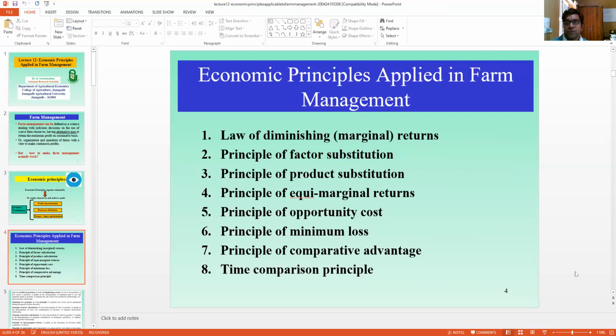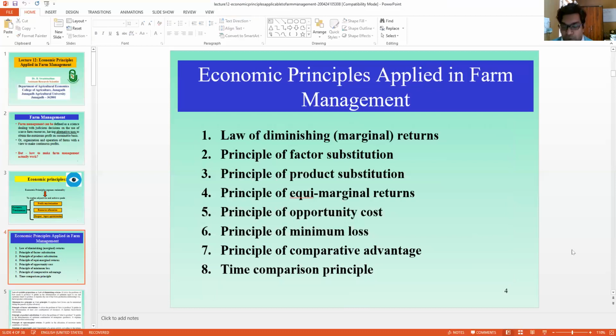Because the farmer is going to use them for a long period of time, some 10 or 12 years. So there we have to apply the time comparison principle. This is very important because the farmer should know whether by using a tractor he is going to benefit or not, whether by going for a greenhouse he will be getting returns or not. That is possible only by the application of the time comparison principle, by seeing the compounding and discounting techniques.